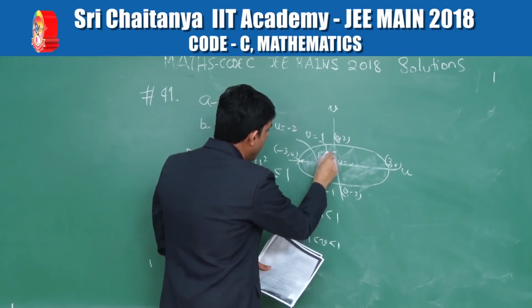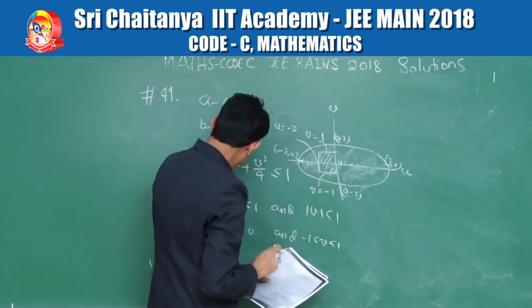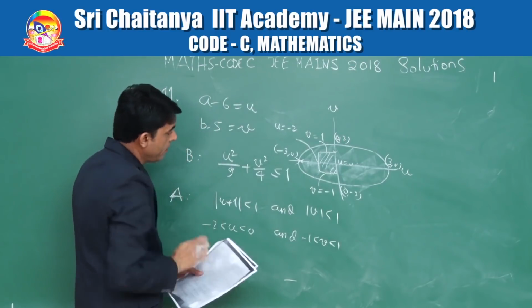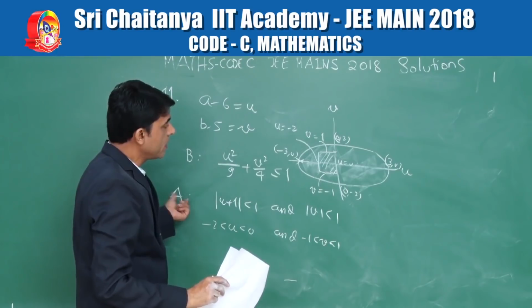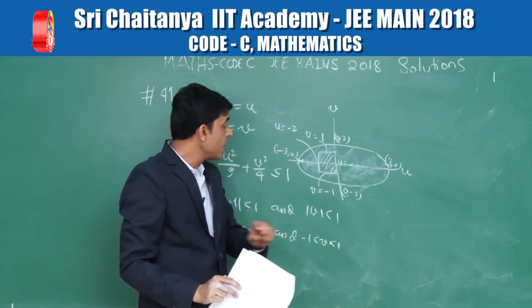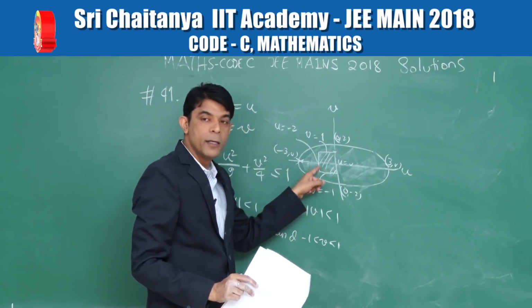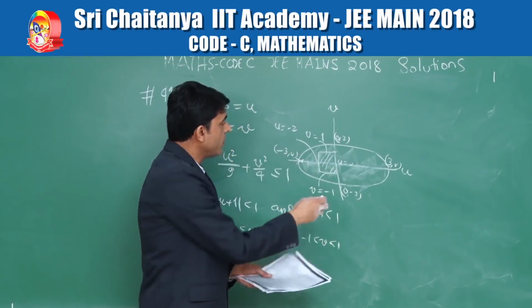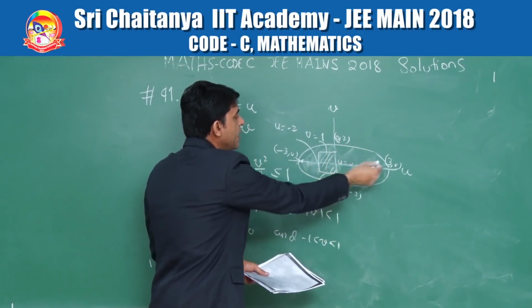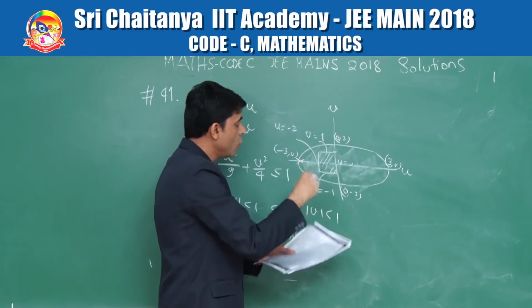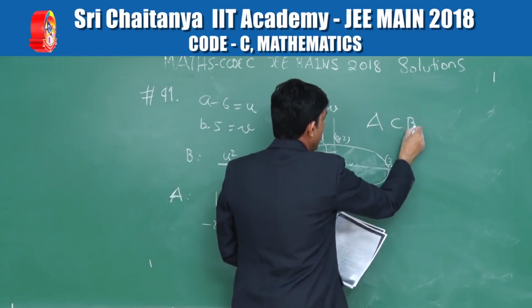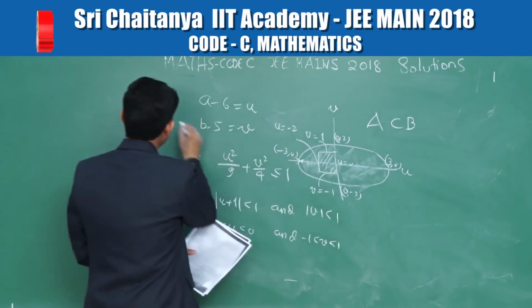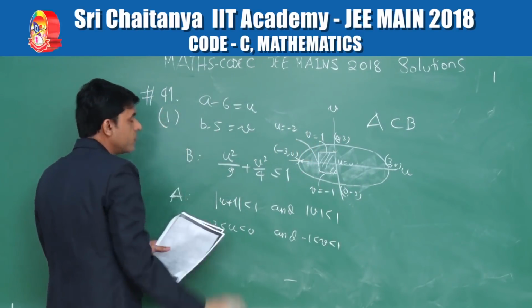The area A, or the region A, is nothing but the set of all points interior to this square. As this A is completely inside the ellipse, we have the option that A is a subset of B, and so choice 1 is the correct choice.